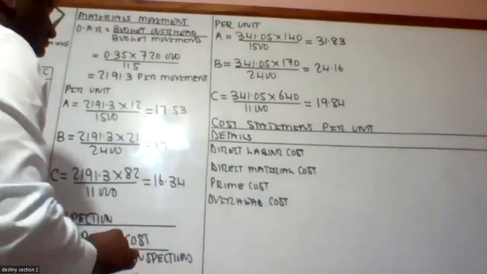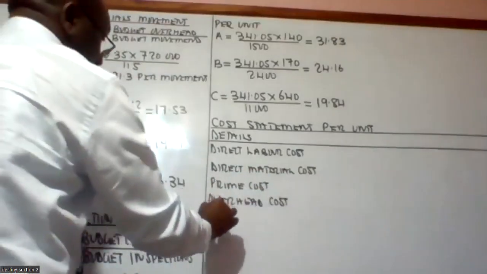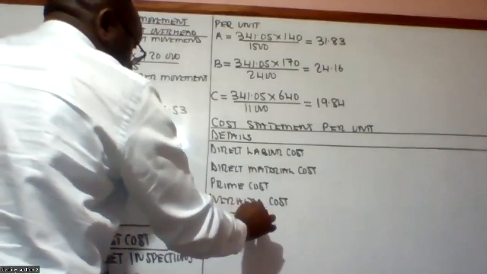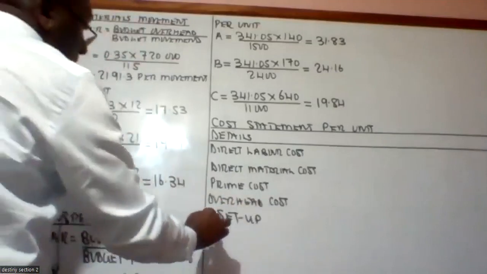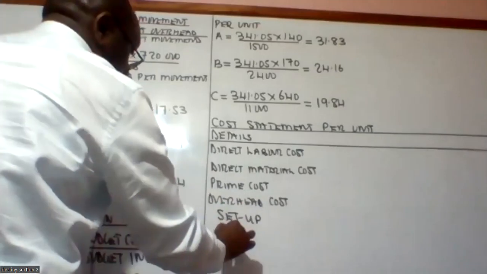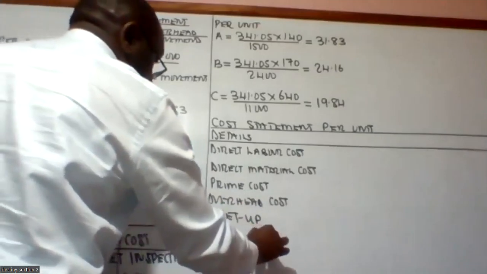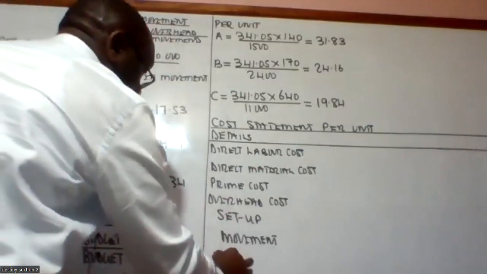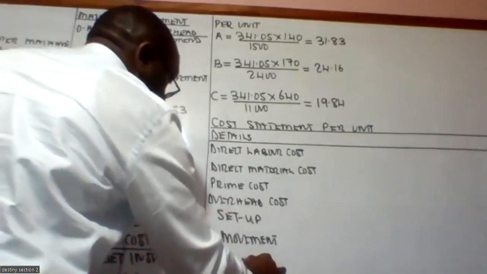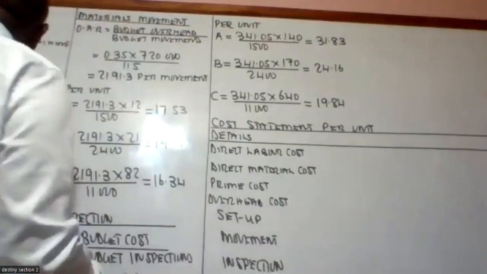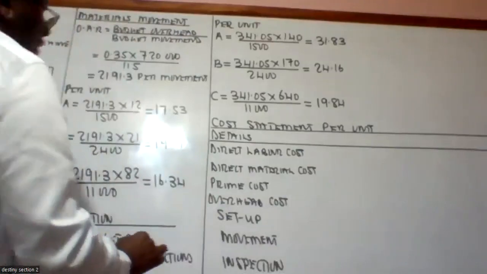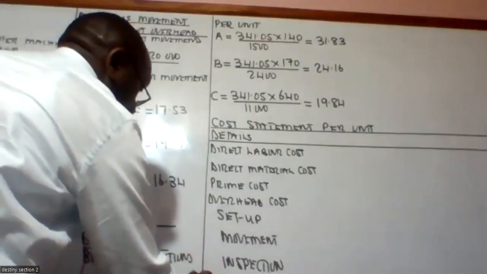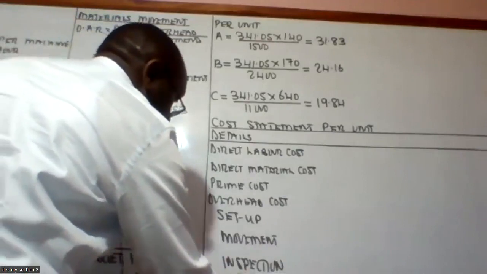Now these overhead costs we have set up, tukifuatwa na materials movement. Let me just call them movements. And then we have the inspections. So that we have total costs. Total cost per unit.